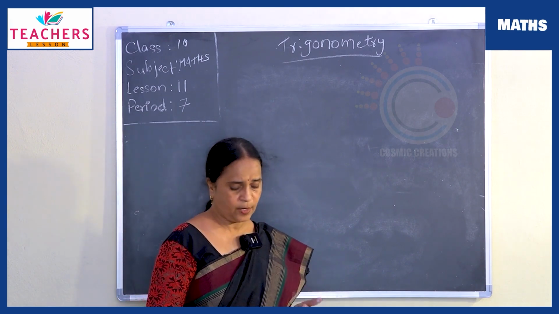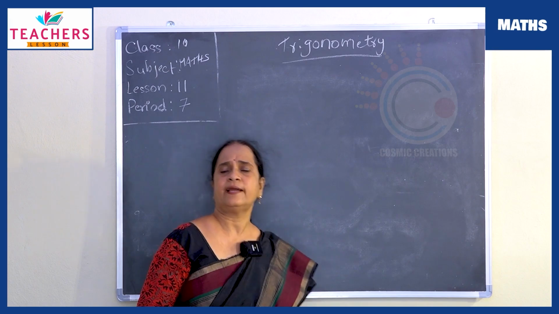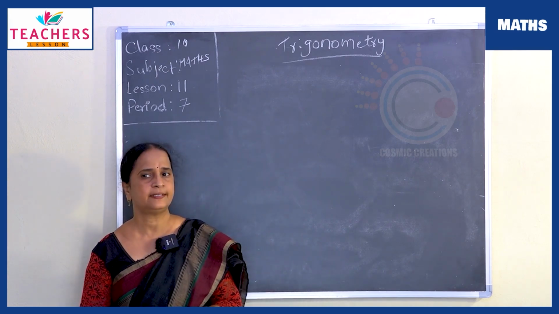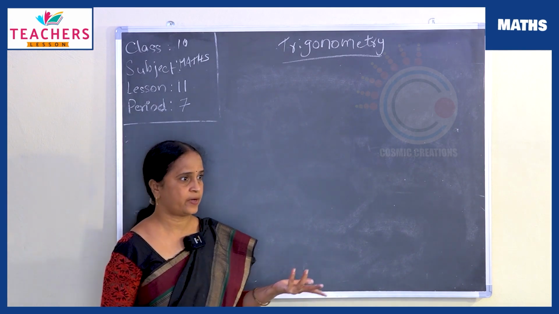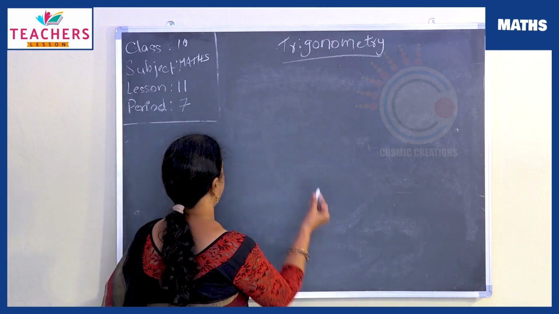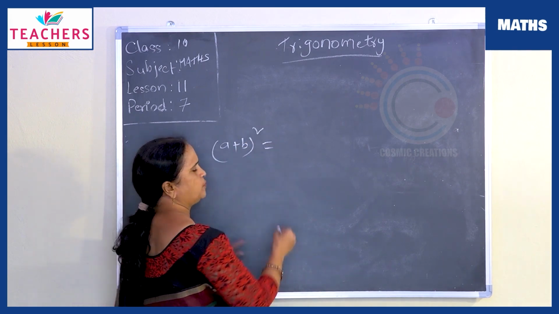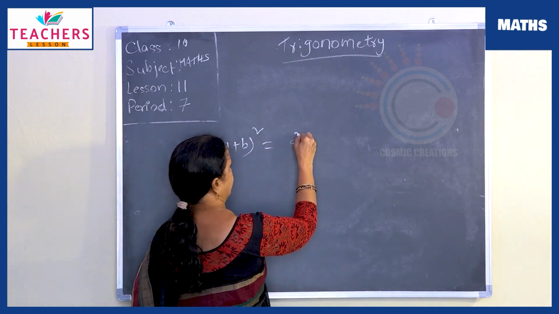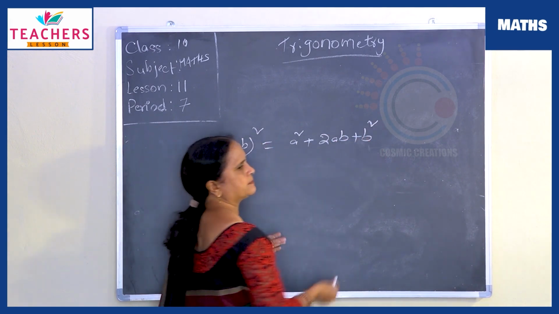Okay. Now I am going to teach identities. What are identities? Do you have any idea of identities? Okay, formulae. You know about algebraic formulae. If I give (a plus b) whole square, what do you say simply? a square plus 2ab plus b square.